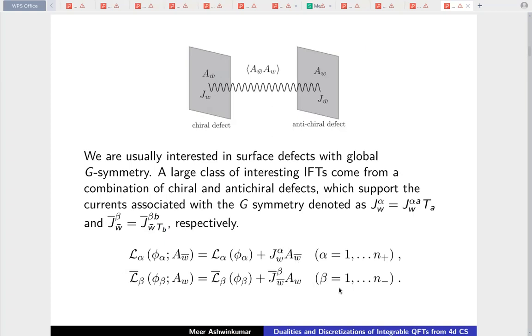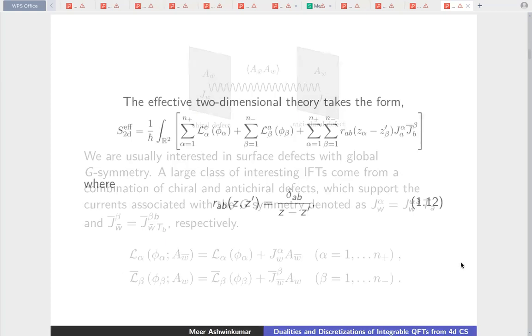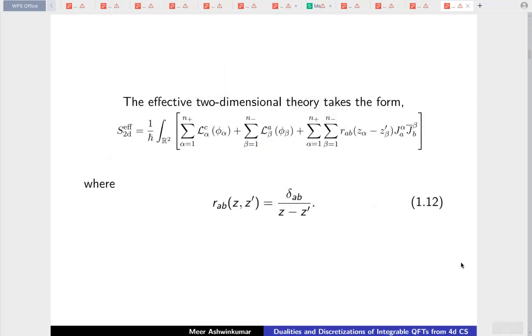And in general, we don't restrict just to one chiral and one anti-chiral defect. We can have multiple chiral defects here labeled by alpha and multiple anti-chiral defects labeled by beta. And the general form of the two-dimensional field theory, the integrable field theory, takes this form.